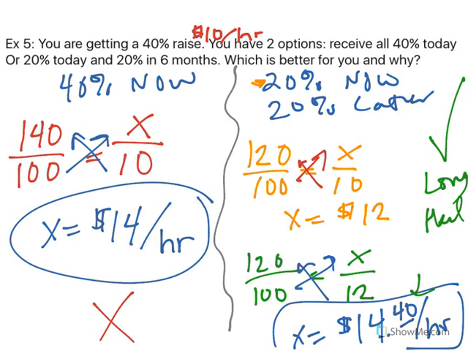And we could do some math of how long it would take you to recoup the $2 an hour you lost for those 6 months, and that would not be too difficult if we wanted to. But if you're going to be there for an extended period of time, it would be worth it in the long run to get that extra 40 cents. And now, remember, we did a $10 an hour example. You could figure this on, what if you're making $25 an hour? How does that impact?